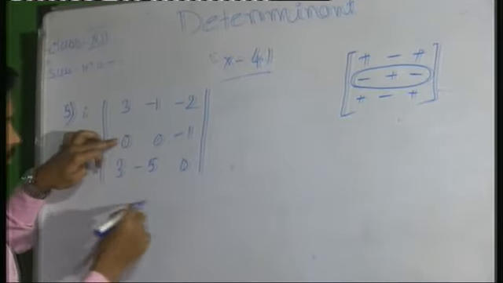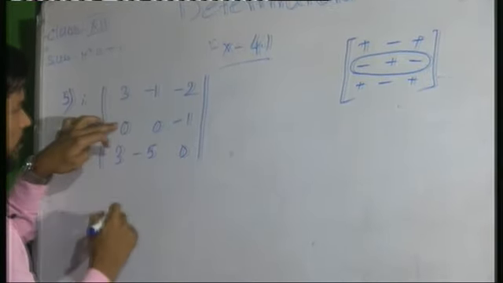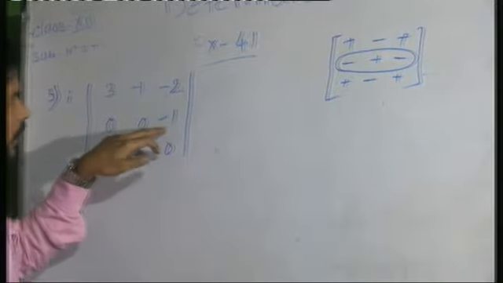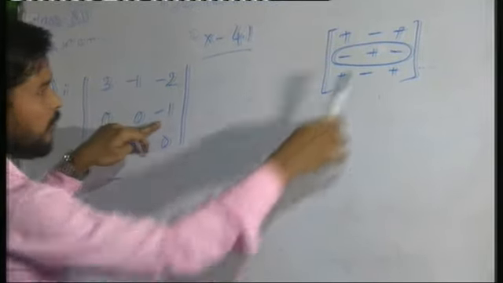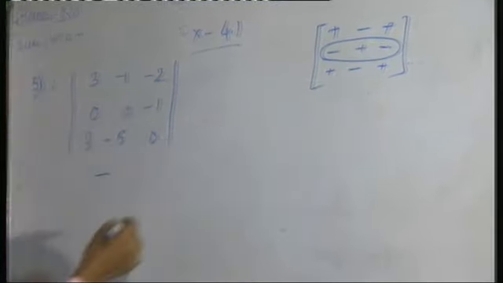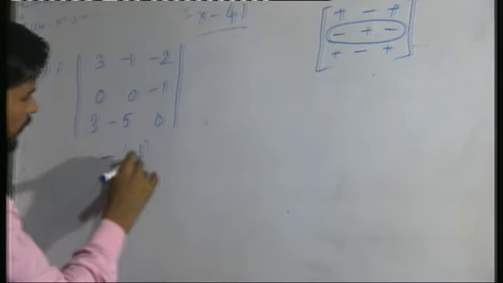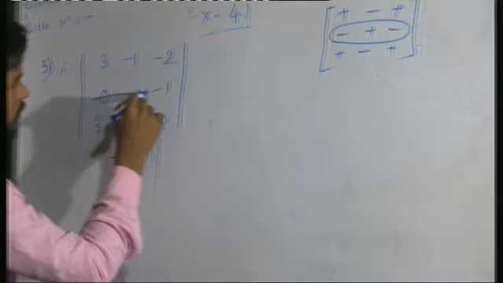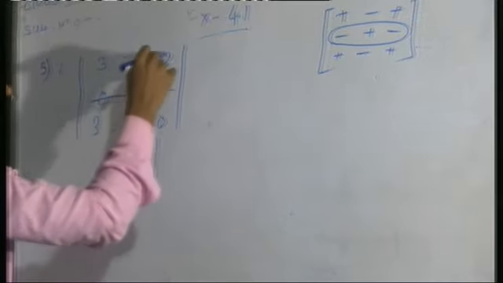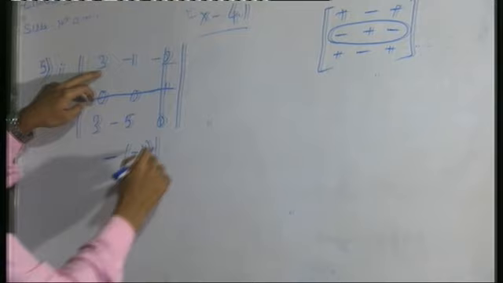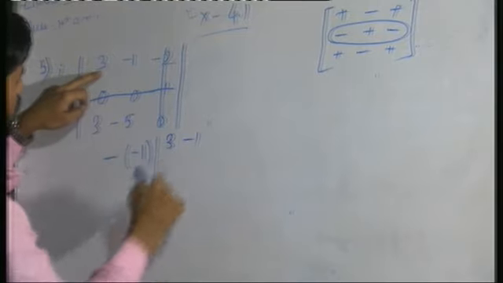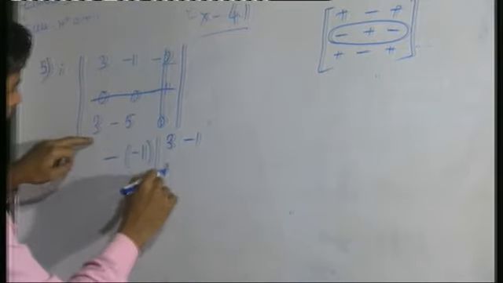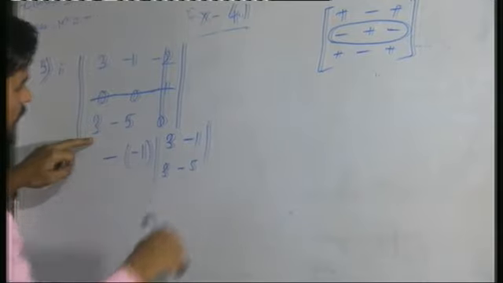So for the first it will be 0. For the second it will also be 0, and for the third one, from the rules, it will be minus, and -1 into, now omit this row and this column. So we have 4 elements here: 3, -1, 3 and -5.